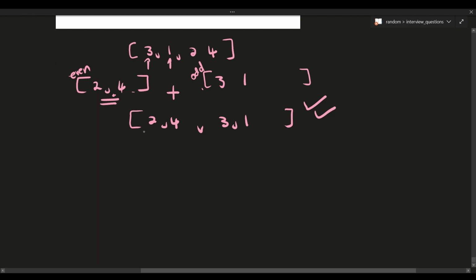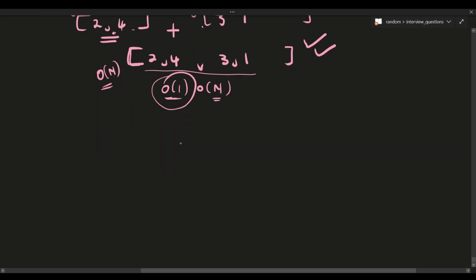Unfortunately, in an interview, it might not be accepted because we are using extra memory, O of n. So the interviewer might say, can we remove this extra memory? Can we come up with a solution that is O of 1? We're still maintaining the linear time complexity, but the space complexity has to be O of 1.